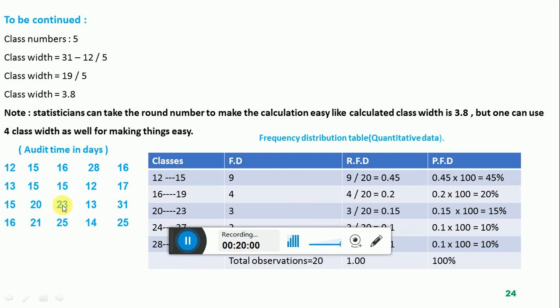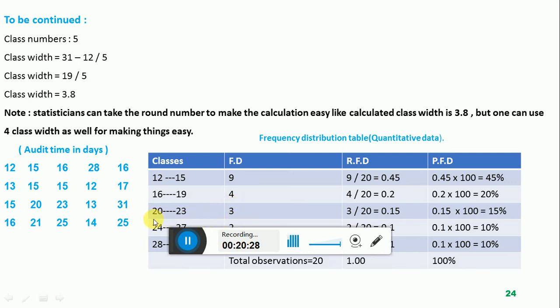We have the elements 21, 20, 21, and the next one, that is 23. These three data items belong to the third class. So we write the frequency of the third class, that is 3.